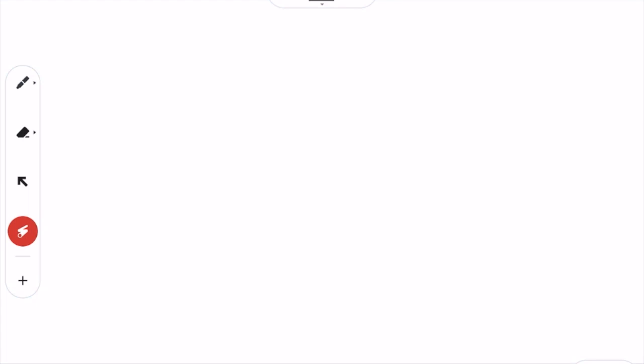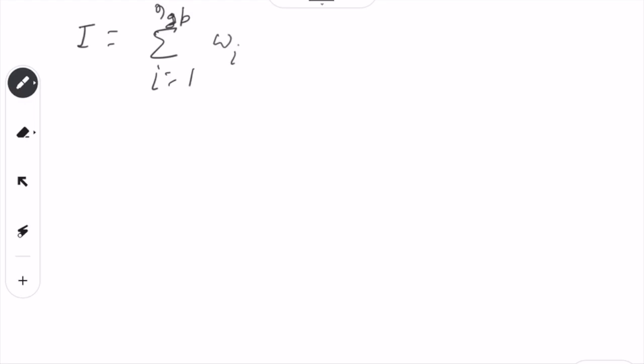According to the Gauss quadrature, we are going to write it as the summation, i equals 1 to the number of Gauss points, n GP, of wi times f(xi_i). Okay, this is how you are writing it.